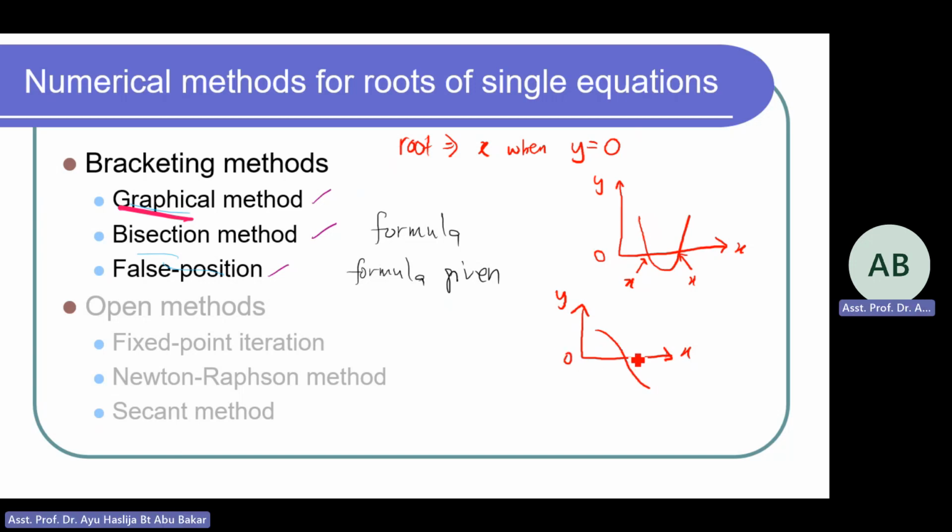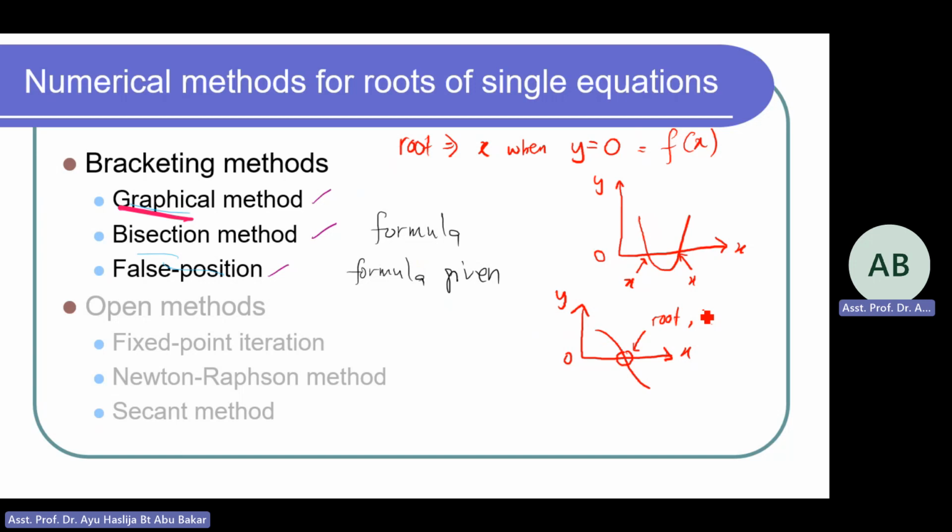When y equals 0, this point is your root, meaning x. Usually you will find XR. XR refers to the root. And the y-axis, most of the time you will see it use f(x), function of x. So f(x) equals the y-axis.